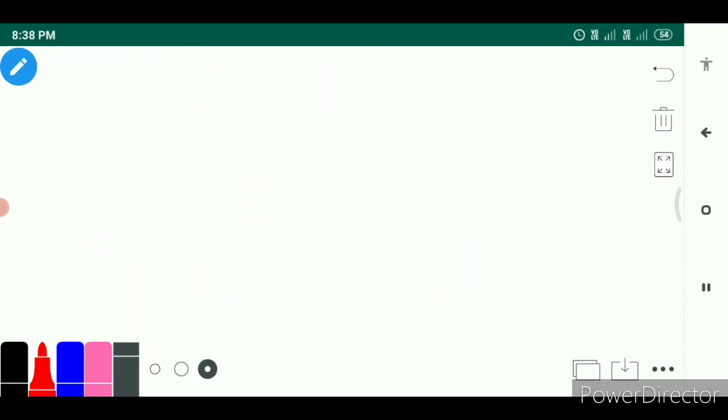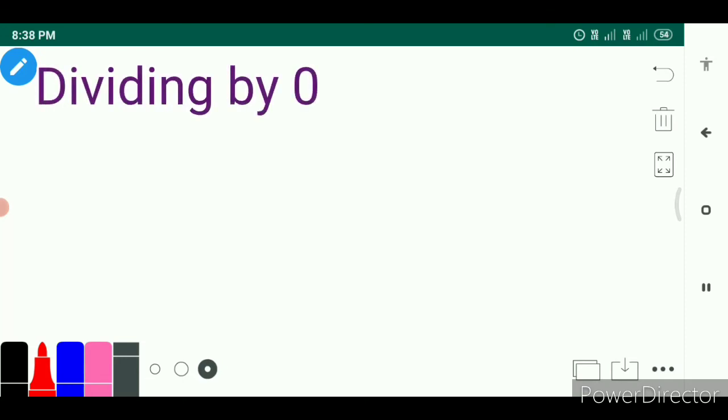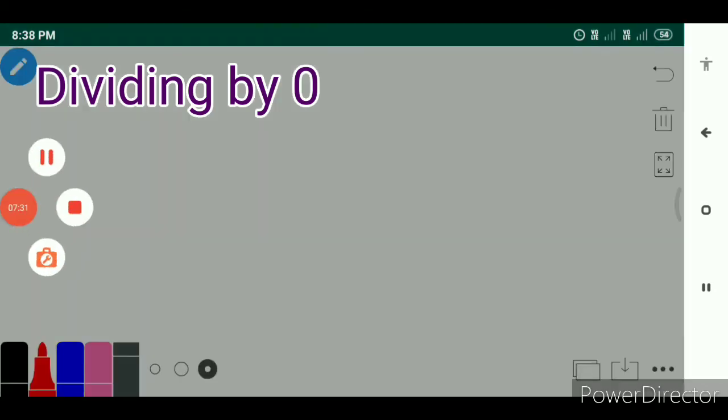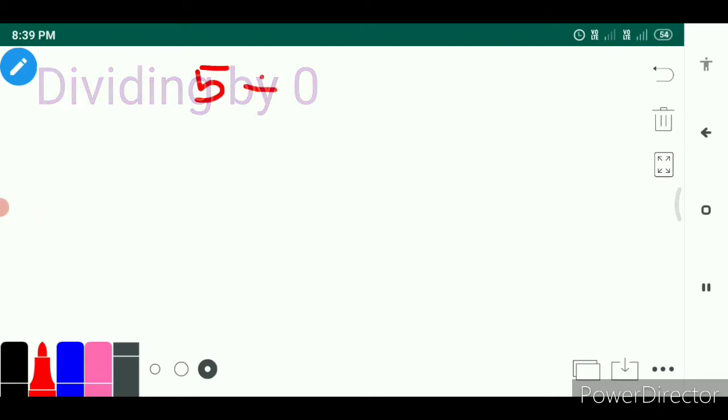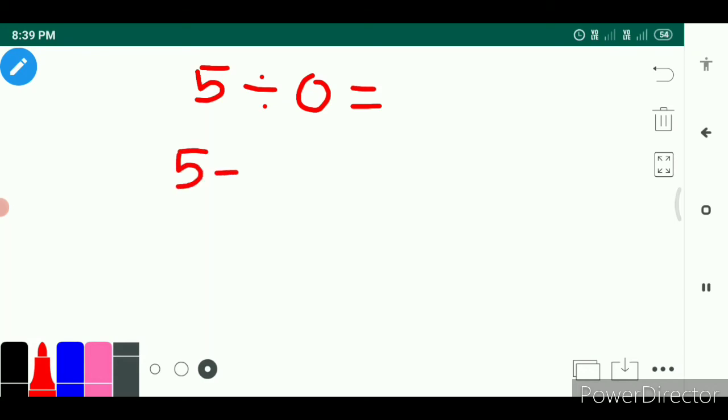Now let's see the next property, that is dividing by 0. A number cannot be divided by 0. We can't divide any number by 0. For example, if I have to divide 5 by 0, what will be my answer? If I use repeated subtraction, I subtract 0 from 5 and get 5.